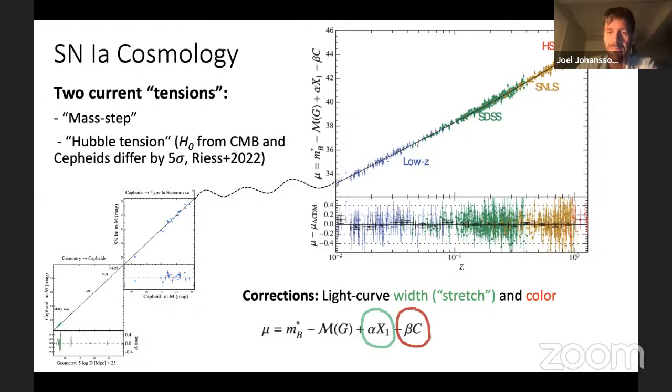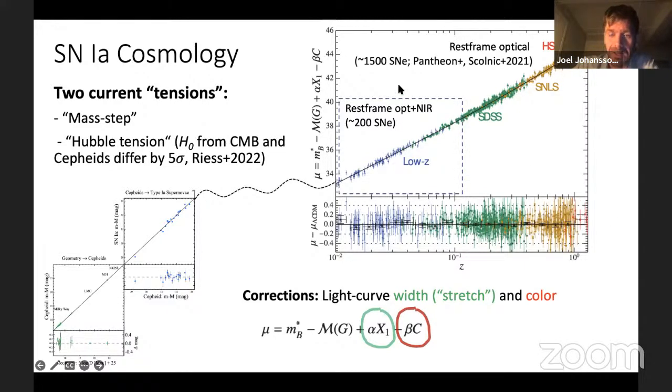If we just look at some of the numbers, it's kind of non-intuitive that if you start here in the low redshift, nearby regime, we only have today about 200 supernova with published light curves and good measurements.